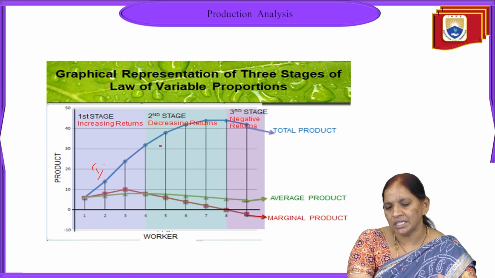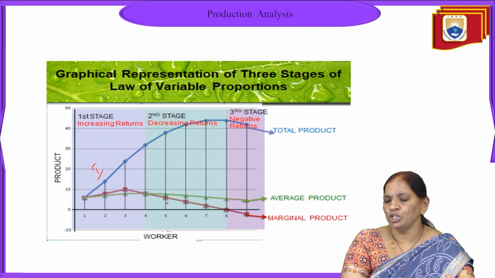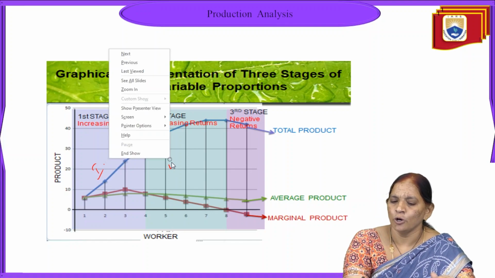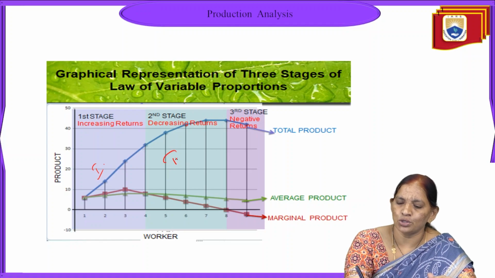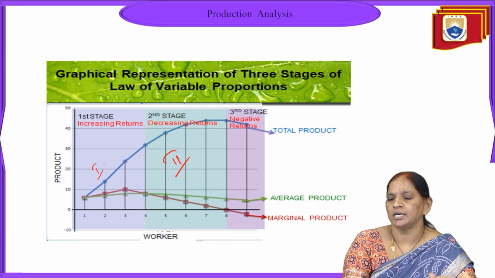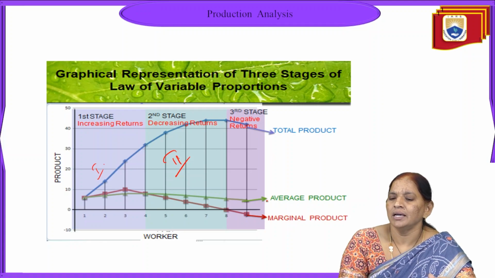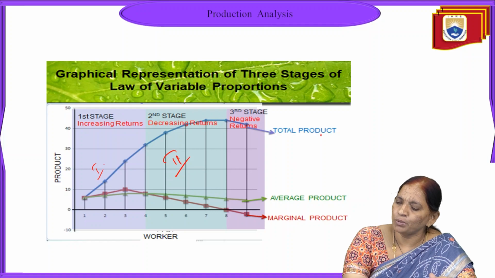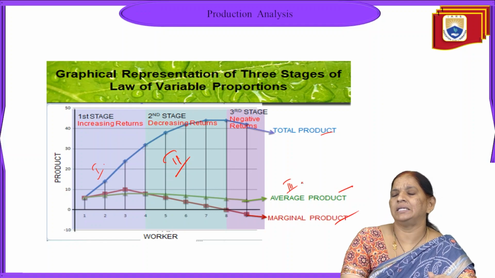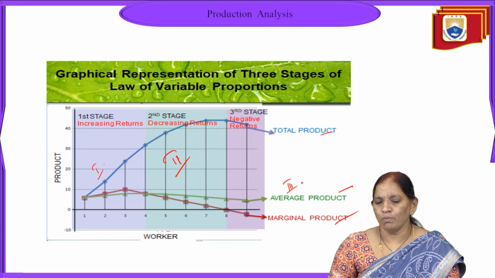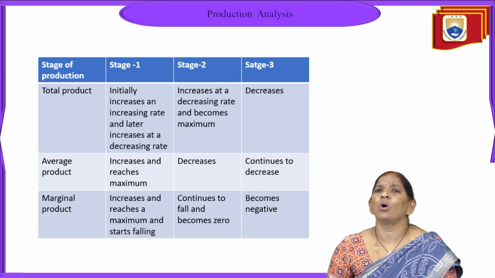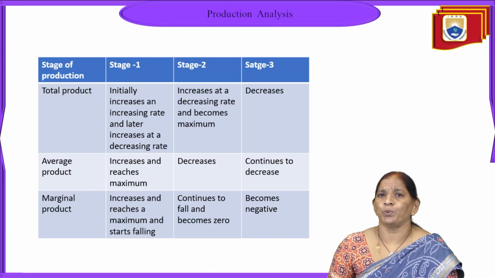Total production may increase, while marginal production and average production decrease, which is the second stage. After that, though we increased more units, we identify declining returns: total production, average production and marginal production all decrease. So this is about these 3 stages relating to the law of variable proportion.